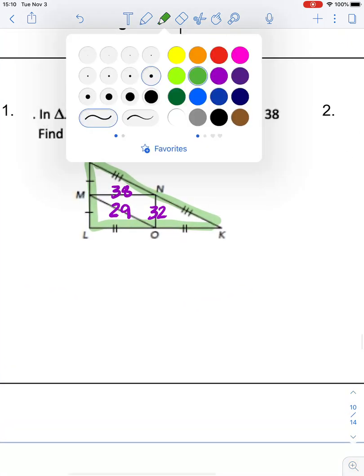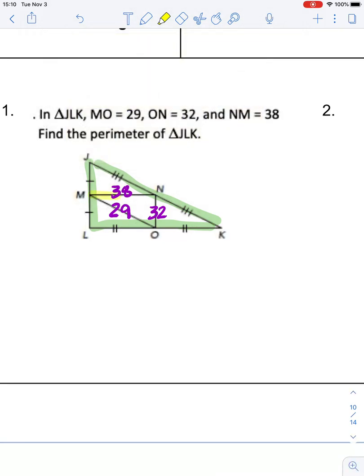Well, what we just talked about is that the mid-segment is half as long as the base that it's parallel to, or it takes two mid-segments to make one base. So this is 38 and this is 38, so that entire side would be 2 times 38, which is 76.